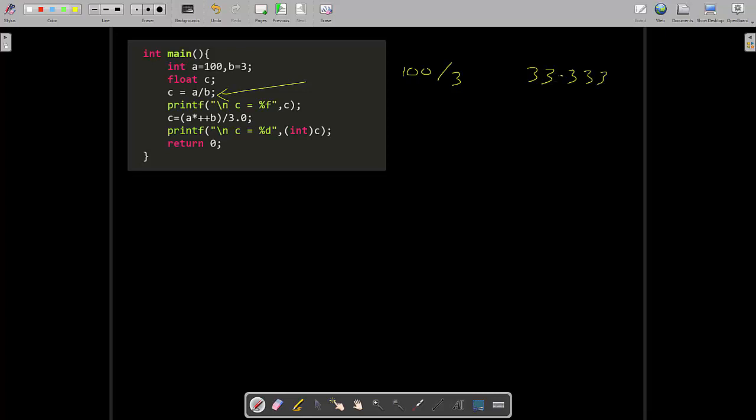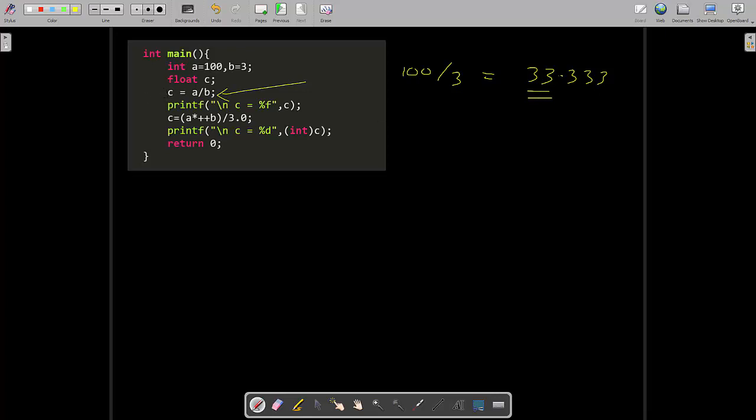So this is the answer of this. But if you recall, an integer divided by integer will always give you an integer. Even though the variable in which you're going to store is a float, only the integer part is going to be stored into the float value.